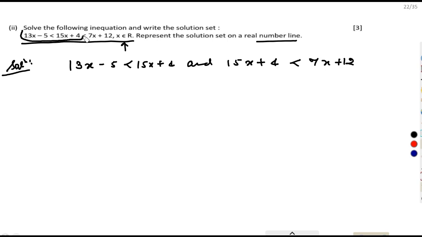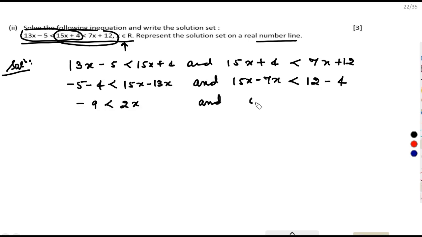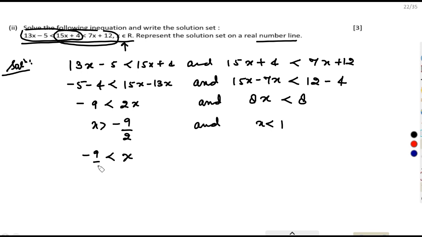You have to find separate solution of these 2 inequations and then we will combine the solution of these inequations to find final solution. X is greater than minus 9 by 2 and less than 1. It means final solution is x is greater than minus 9 by 2 and less than 1.